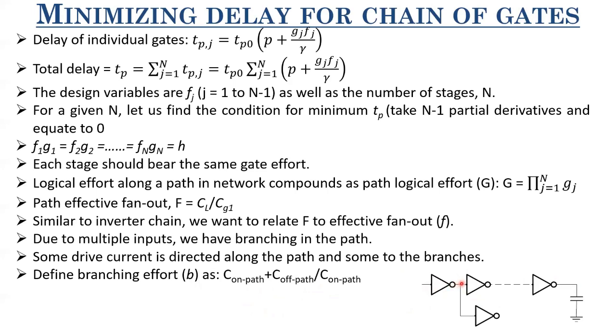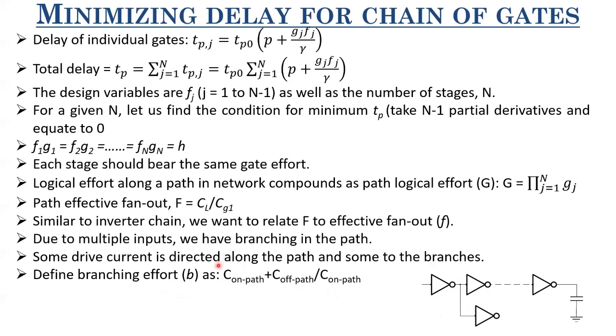Ideally, when this branch was not there, the effective capacitance that this would have seen would have been only the input gate capacitance of this inverter along the path. But now it is seeing 2 times that. So this branching effort increases the effective load that this has to drive, and that is why we take this into account, right?